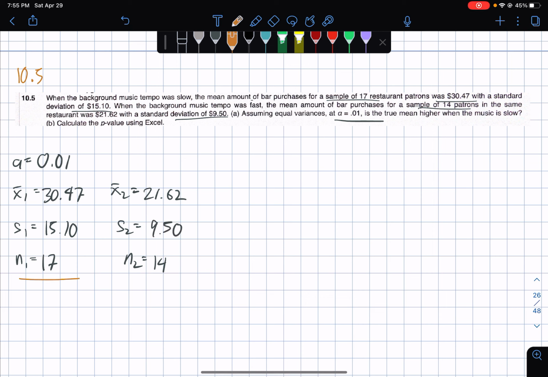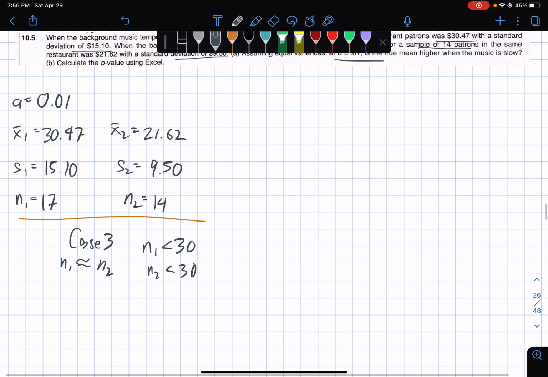This is definitely not case 1 because n1 and n2, they're not greater than 30. So this is definitely case 2 or case 3. I bet this is case 3. You know why? So yes, we can agree on the fact that n1 and n2 are roughly the same somehow, and they're both less than 30.